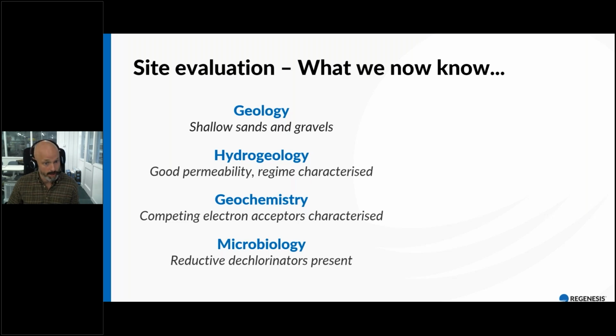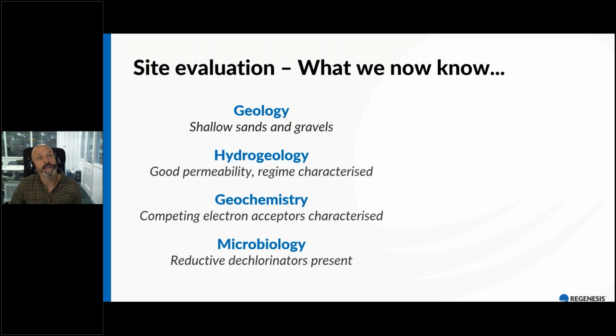This is where we're starting to lead. Microbes, so the presence of TCE daughter products, DCE and vinyl chloride, that tells me that the right consortia are present at the site and that biological reductive dechlorination is happening.